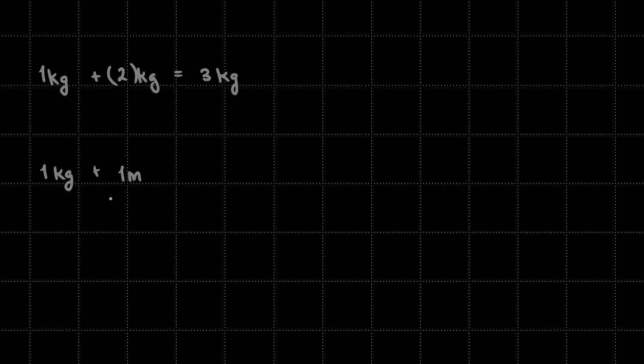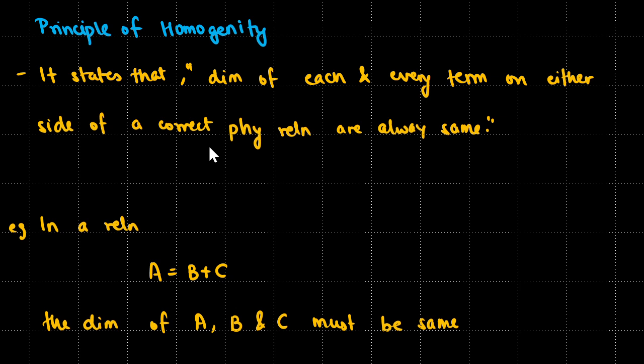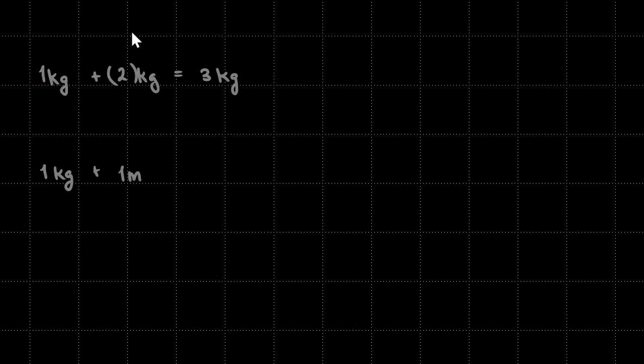This is not a correct physical relation. So this is very much wrong, whereas this is correct. So we know about two things. Number one, adding the same units is possible, right? And adding different units is not possible.